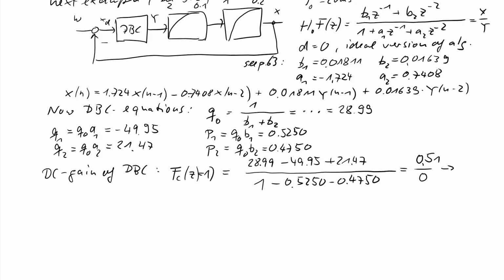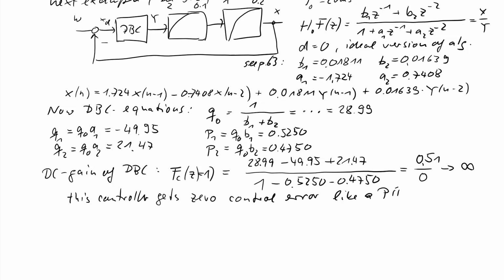So we can say the limit value is infinity, so this controller has 0 control error, like a PID.